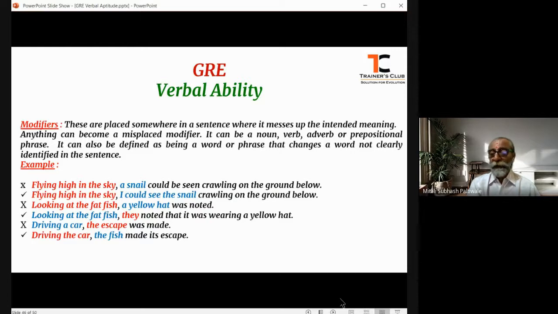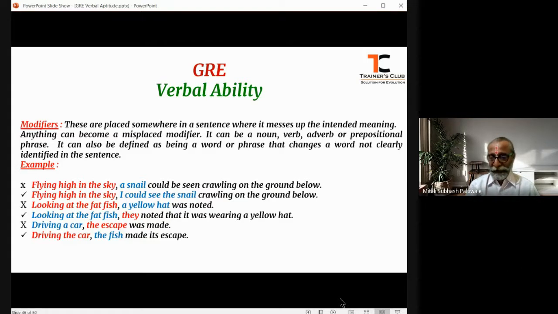Then the modifiers. These are words placed somewhere in a sentence where they mess up the intended meaning, right?